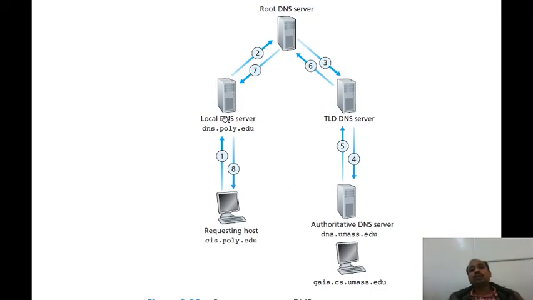So due to this, every 2 days or 5 days or every 1 week, the local DNS server rechecks the database it has maintained by sending the host name to the root DNS server, TLD server, and then the authoritative DNS server, to verify whether the same IP address is still maintained for that particular host name. So this local DNS server should perform that operation at least once every 1 week. So this is also one concept of DNS caching.